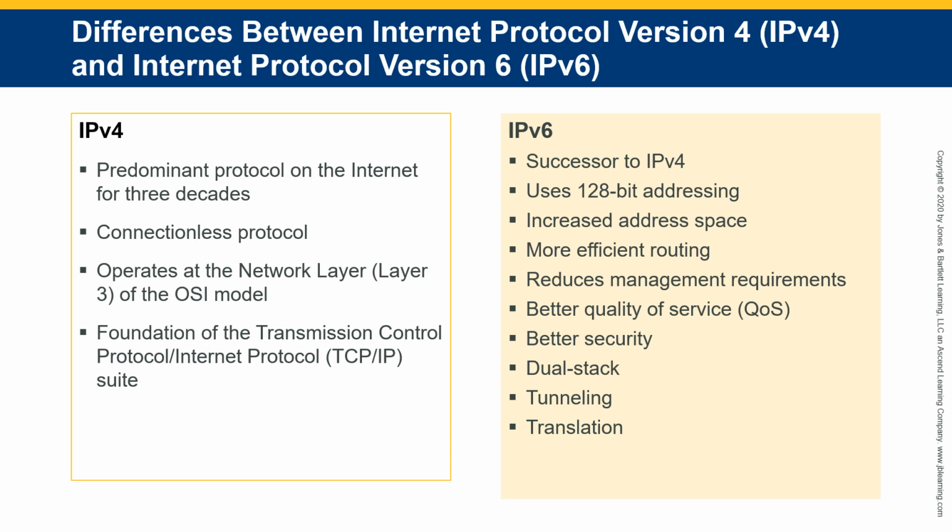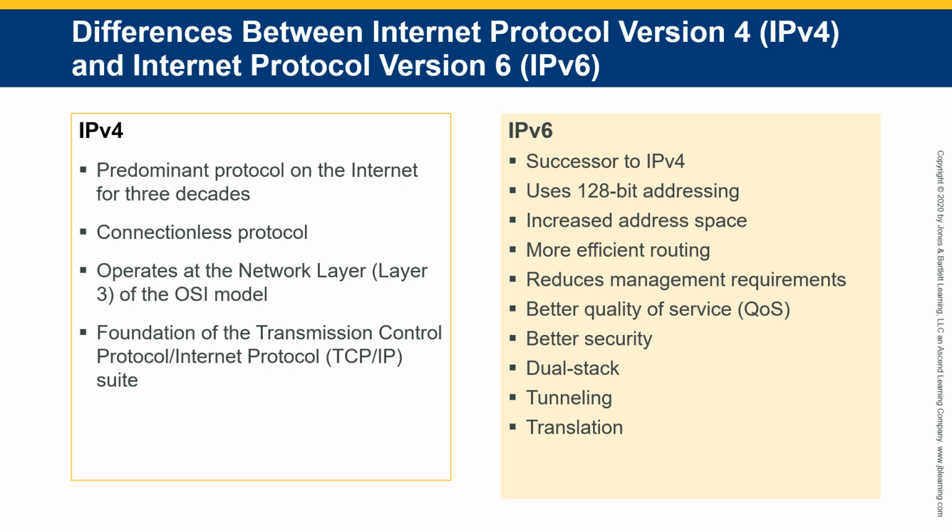So now we're talking about differences for routing protocols. Well, we have two things out there, IPv4 and IPv6. Most everyone is still familiar with IPv4. It's the predominant protocol on the internet. Everyone still uses it. It's a connectionless protocol, IPv4. And you're like, wait. TCP/IP is connection oriented and UDP is connectionless.